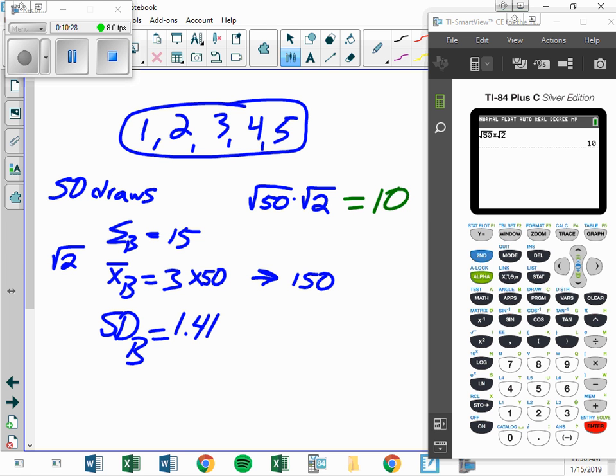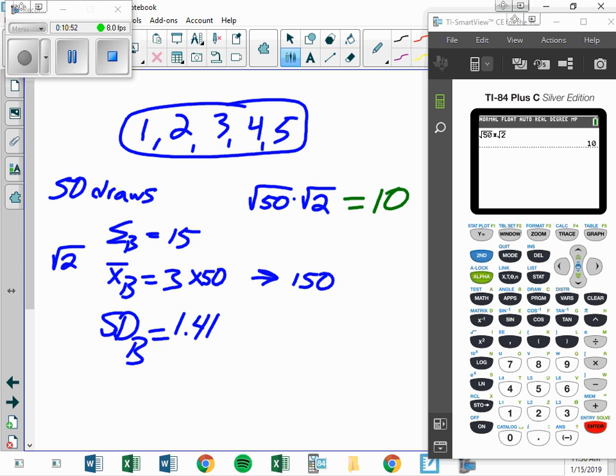The standard error is 10. Now, would we expect 157 to be pretty likely? Does that seem reasonable? Yes. Which basically is asking, are the numbers in the box equally likely? Yes. We're within one standard deviation.